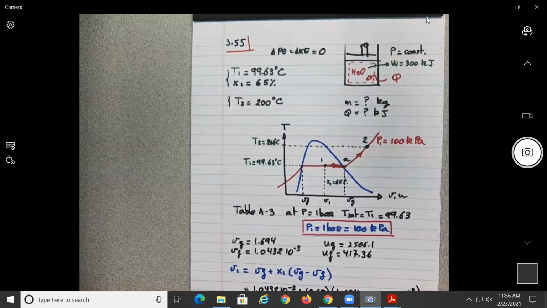So what do you get for V1 over here? And what should be the units for this? Sorry, this is cubic meters per kilogram.